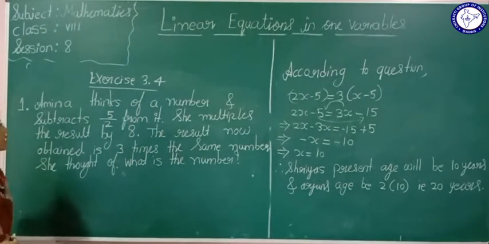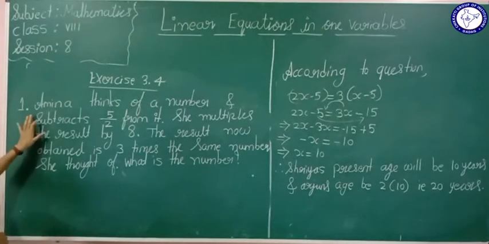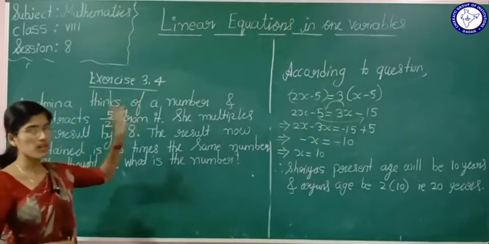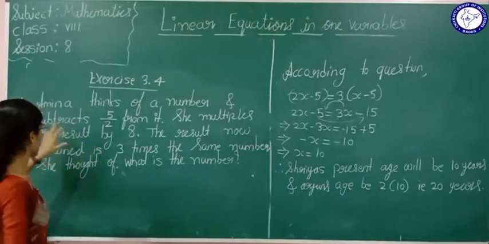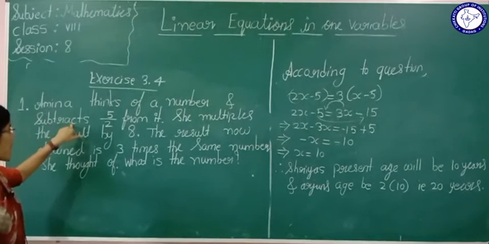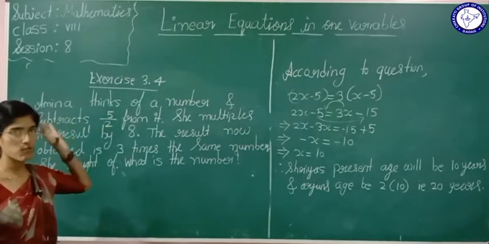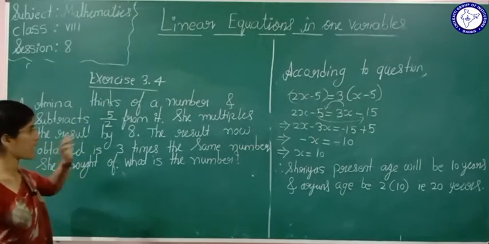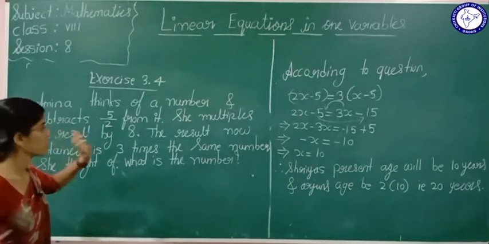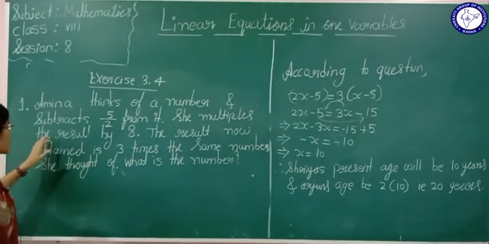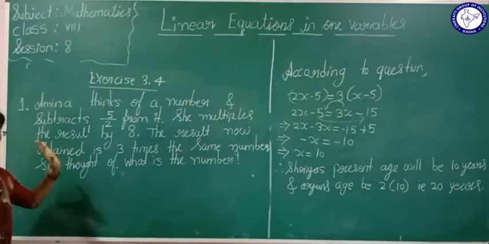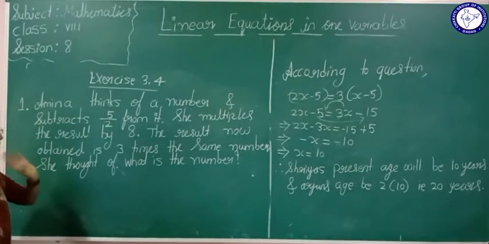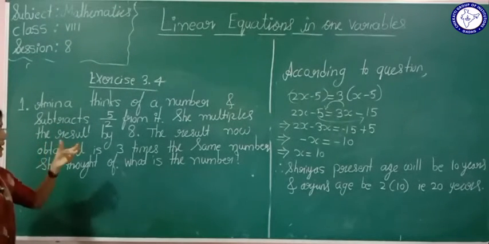Now see here, in exercise 3.4, the first question: Amina thinks of a number. She thinks of one number and subtracts 5/2 from it. Whatever number she thinks of, from that she subtracts 5/2. Again, she multiplies the result by 8. Whatever answer she gets, she multiplies by 8.